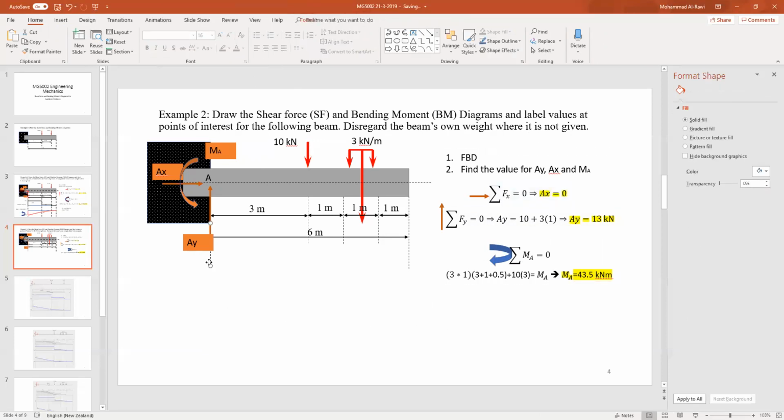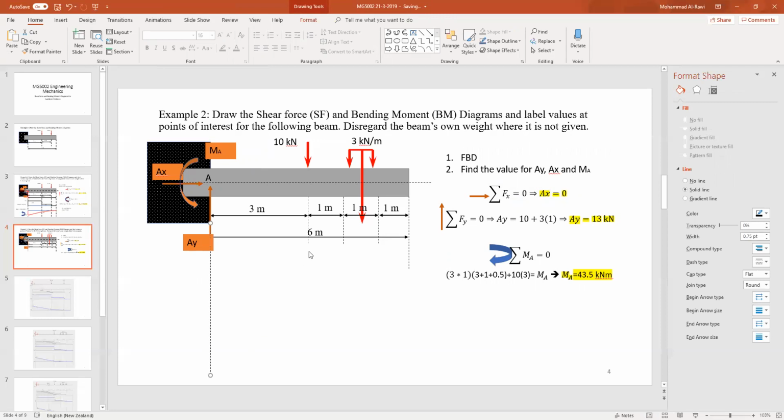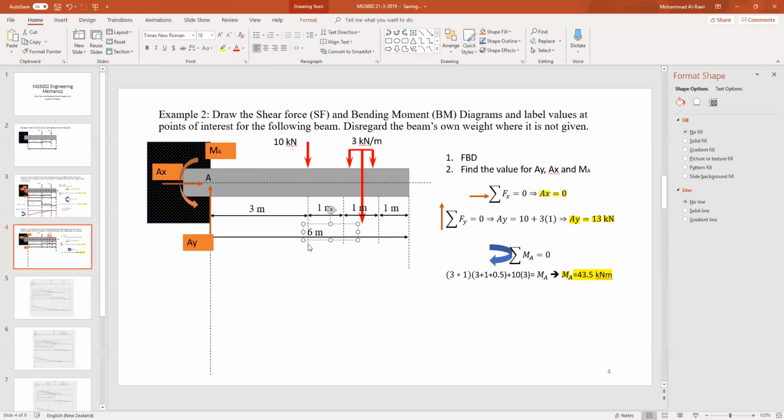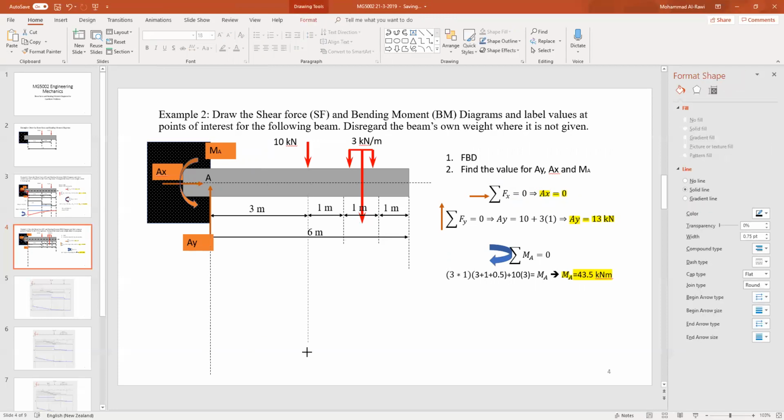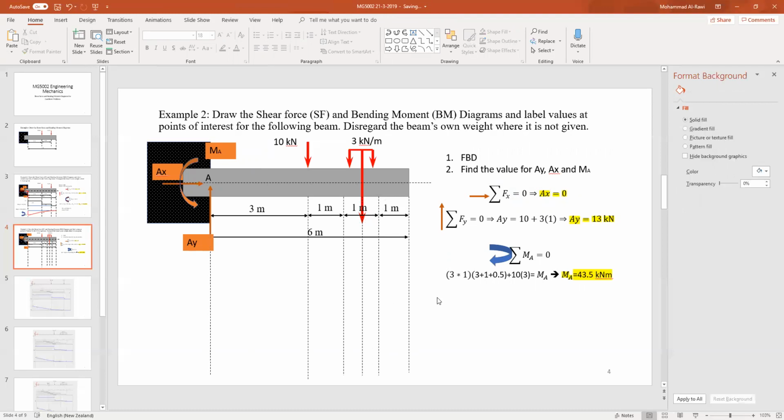Now step 3, I need to sketch the shear force. What we learned is that we extend the lines where we believe there will be useful information to investigate, and the same thing happens for the UDL. So I'm adding another disconnected line at the centroid of that UDL.